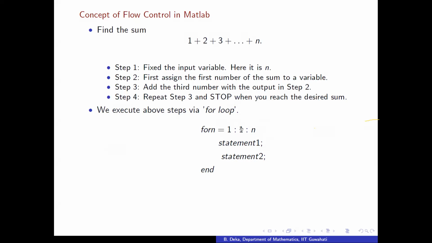So suppose instead of 1 here, I write 2, what will be the next value of n? 3. So here the first one means the starting value of n, the second one is the increment of the loop, and then n is the final terminal value.